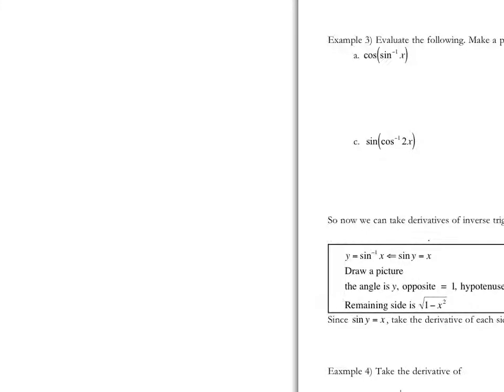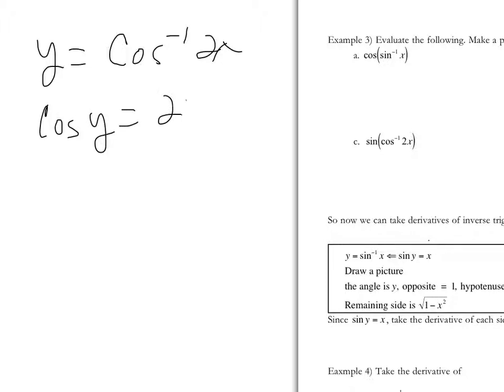So again, for this next one, for C, y equals the arc cosine of 2x. If we take the cosine of both sides, that tells me the cosine of y equals 2x over 1.